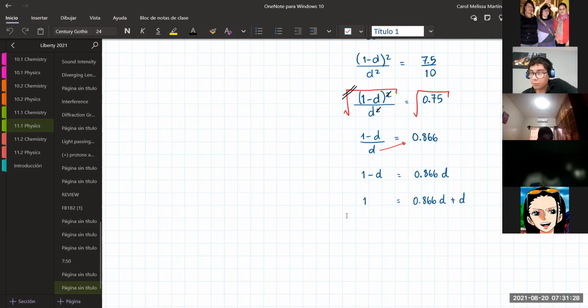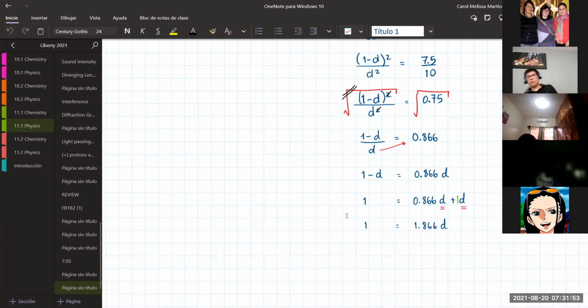Remember that when you don't see a number here, it's an invisible one. So this is like having 1 equals 1.866 d. These are like terms because d is the common factor in the two values.